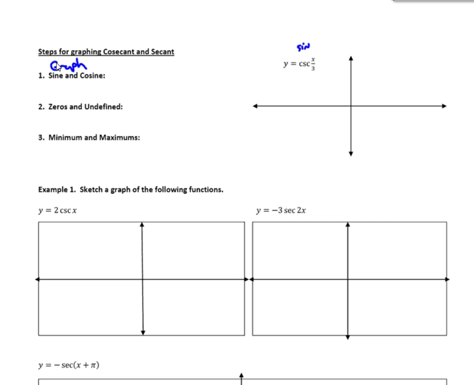So when I graph the sine, I'm looking for the period, the amplitude, horizontal shifts, and vertical shifts. I'm looking for all that stuff still when I graph my sine and cosine. So in this particular case, I've got an amplitude of 1, and I've got a period of 2 pi divided by 1/3, which is 6 pi.